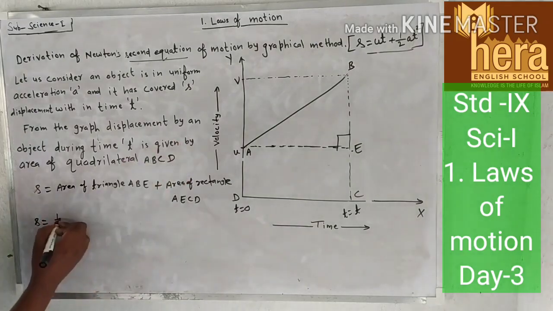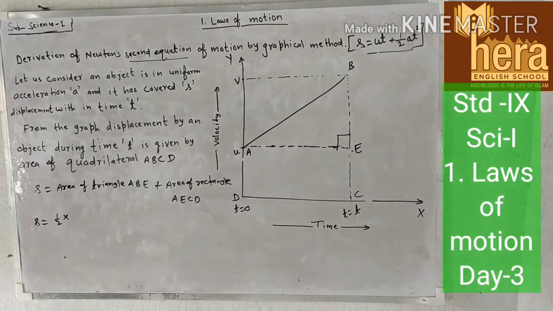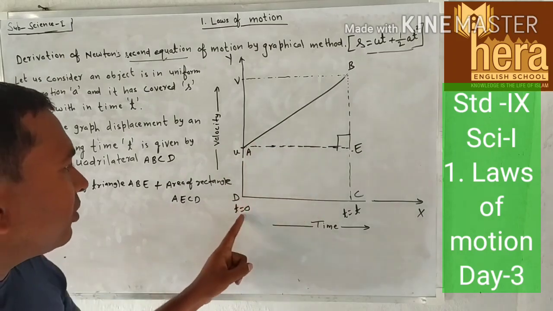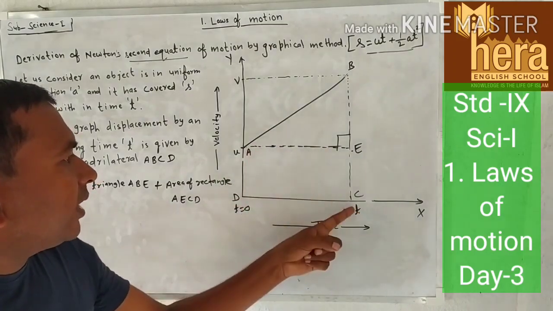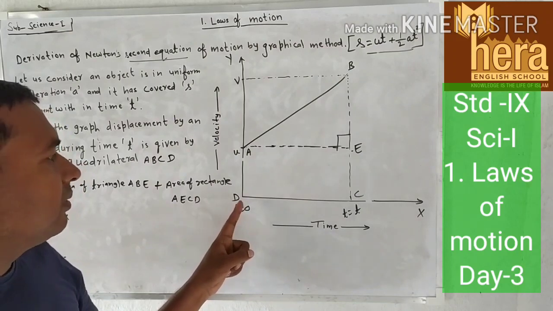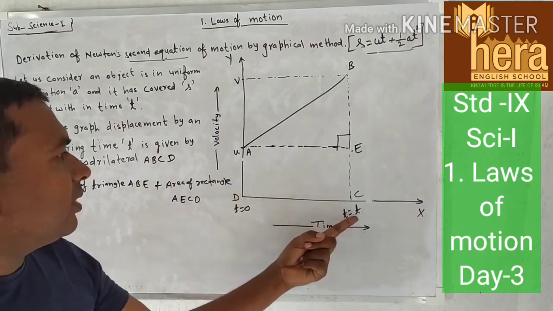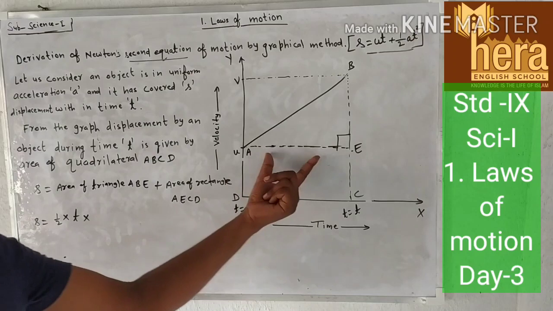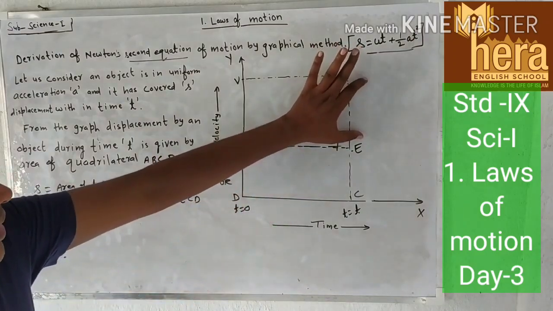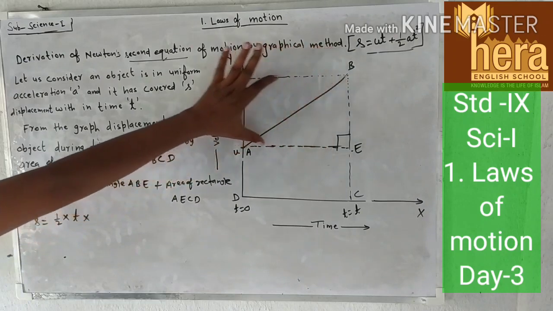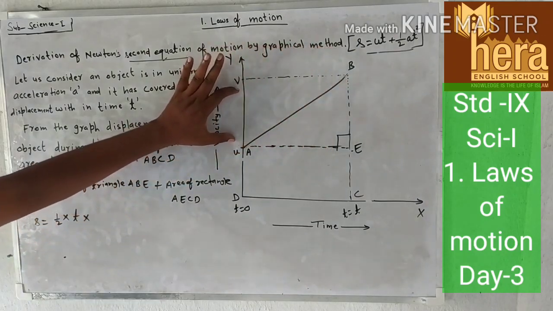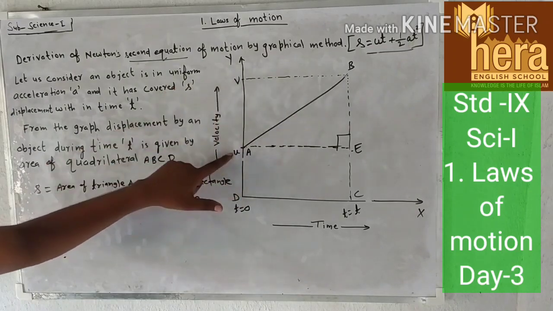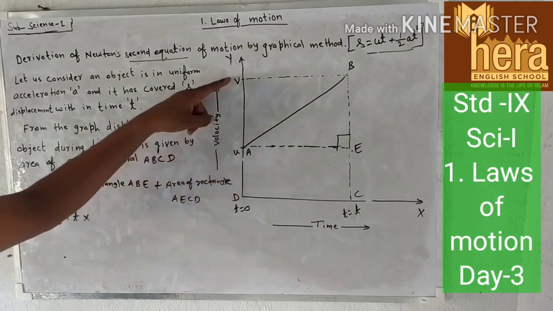Area of a right angle triangle is equal to 1 upon 2 into base into height. Here t is equal to 0, and here t is equal to t, so the base is t minus 0, that is t, as I told you in the previous lecture. The height is from here to here, v minus u.